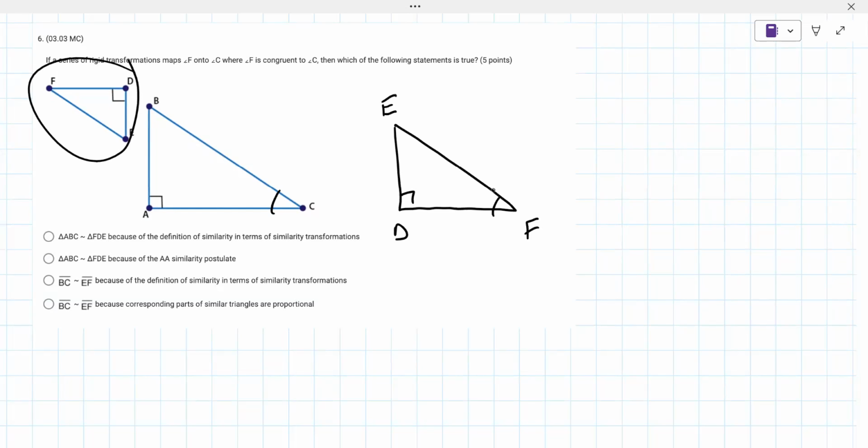Well, we know that they already share an angle and they have another angle, F and C, so they have two angles again. So they are similar. Got it.